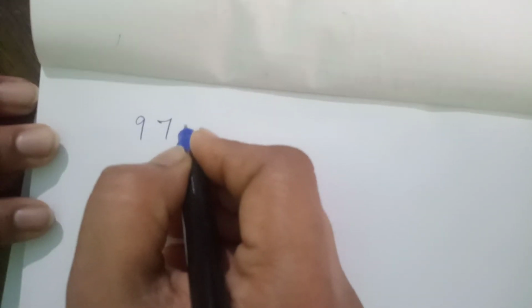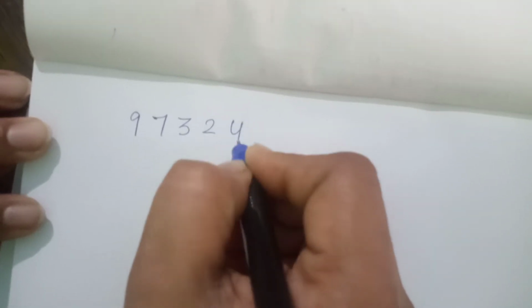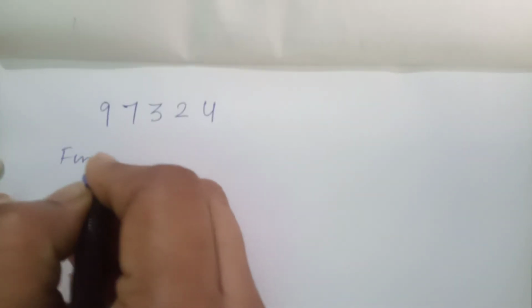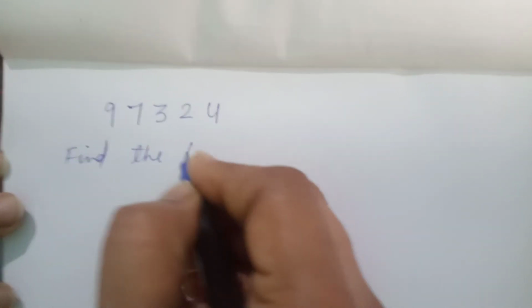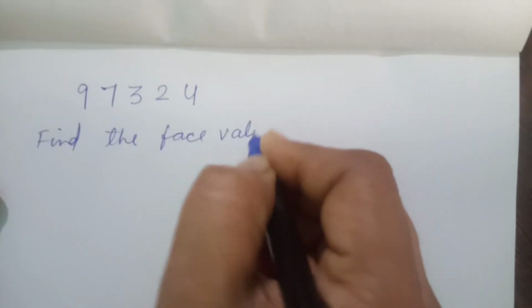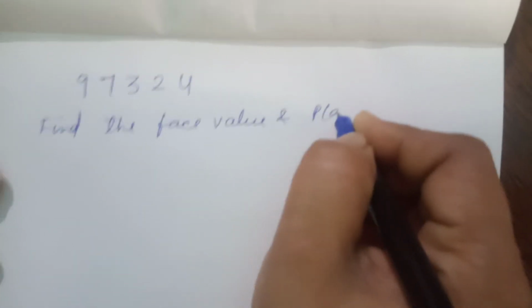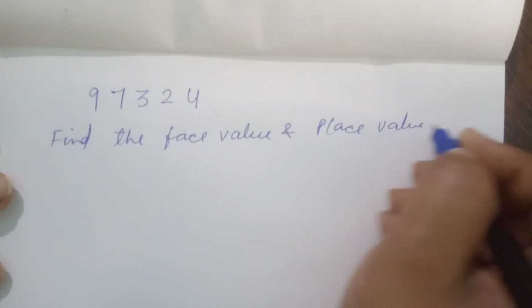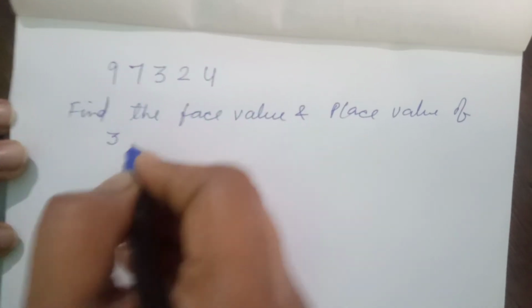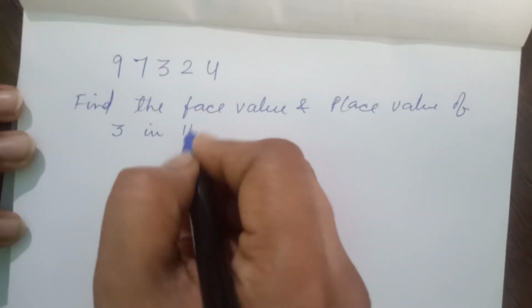Now take one more example, say 97324, and the question is find the face value and place value of 3 in the given number.